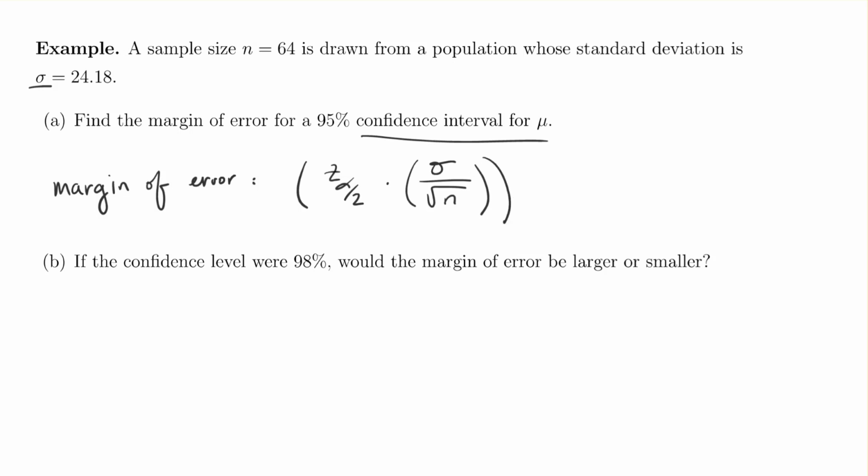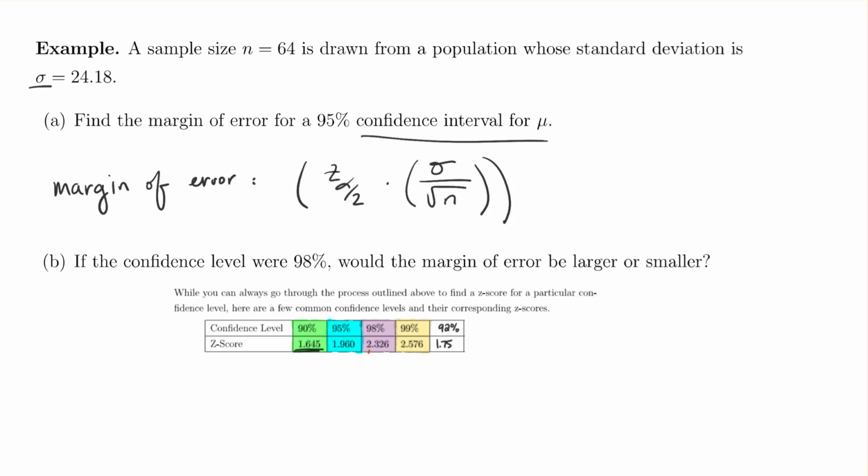Okay. Now, if you look back in this section of notes, you'll see that for a few common confidence levels, we can quickly find our Z alpha over 2 using this chart information. For a 95% confidence interval, the Z-score is 1.960.